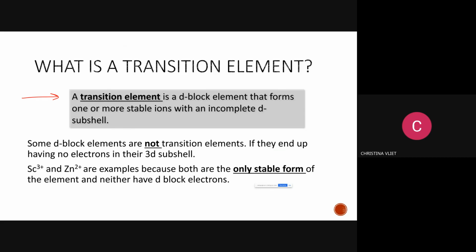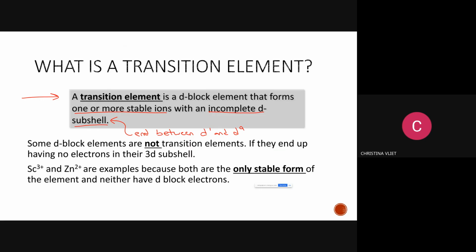A transition element is defined as a D block element that has 1 or more stable ions that have an incomplete D subshell. What do we mean by incomplete D subshell? That means that it would end somewhere between D1 and D9.